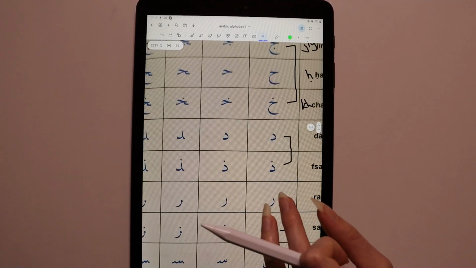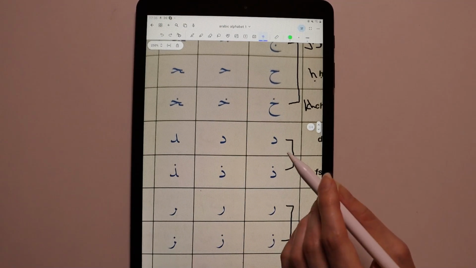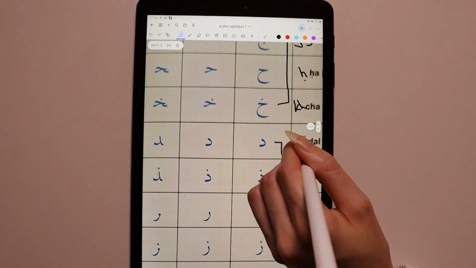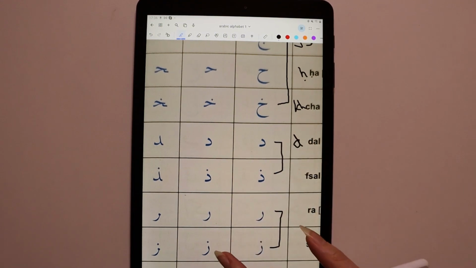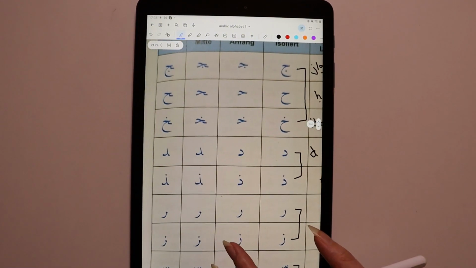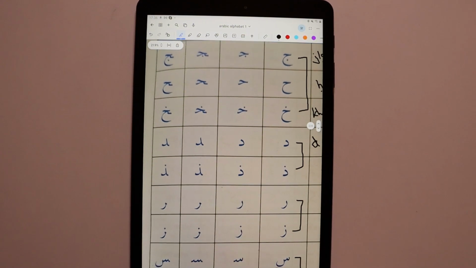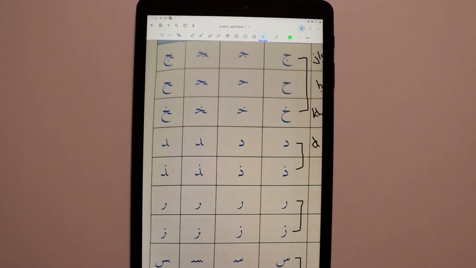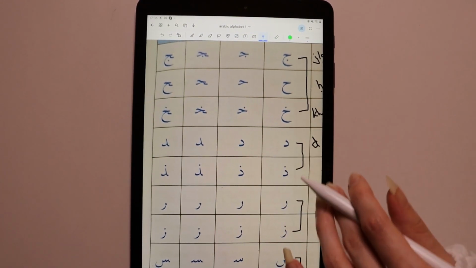Then we have dal, and dal is like a D sound. I would say it's pretty much a D. And yeah, dal looks kind of always the same. And dal is another letter after which you can't write another letter directly.